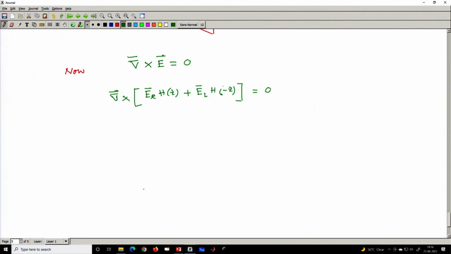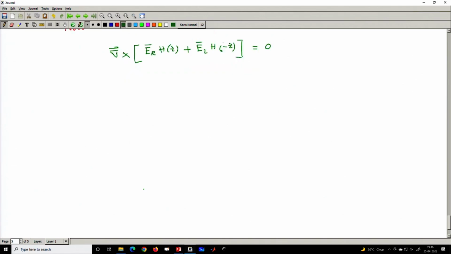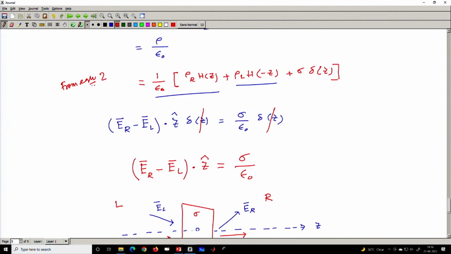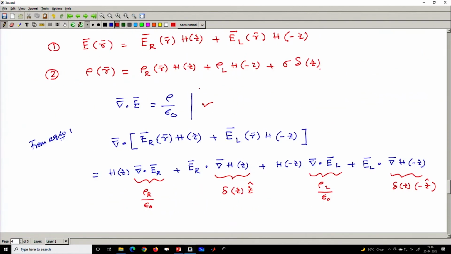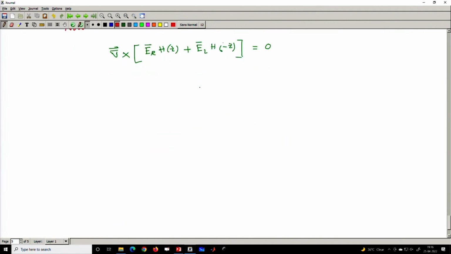Okay. Now, again I can use this curl expression. Here one important thing is that the right hand side is 0. So I do not need to use the second equation, the first equation, equation 1, is sufficient.